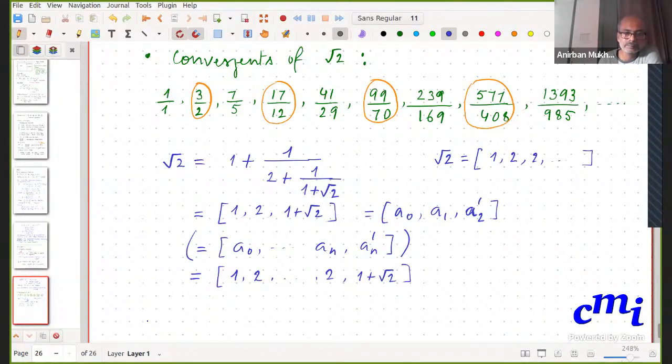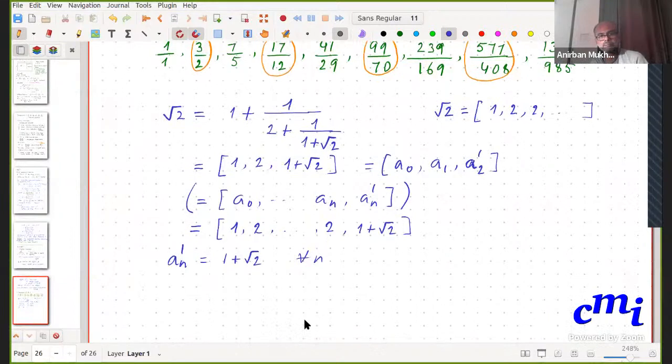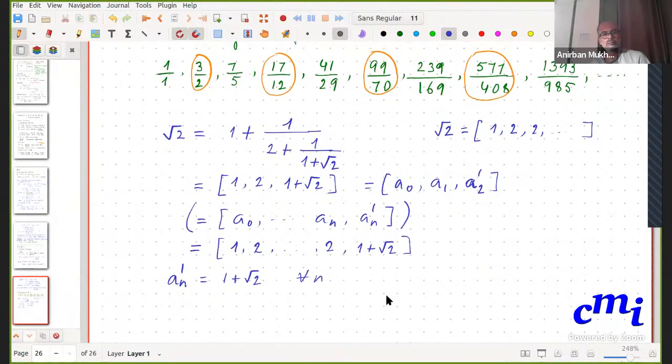In other words, all complete quotients are equal to 1 plus square root of 2, for n greater than or equal to 1. The 0th complete quotient is the number itself, which is square root of 2. All others are 1 plus square root of 2.